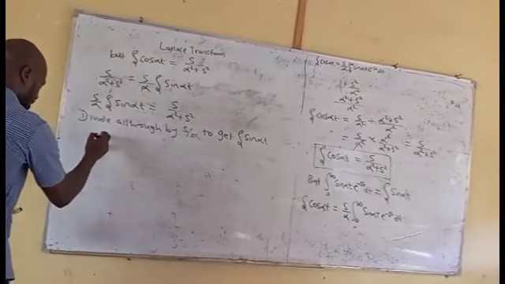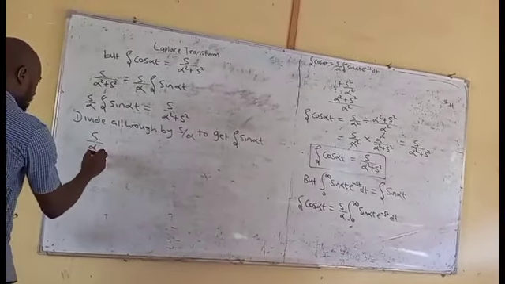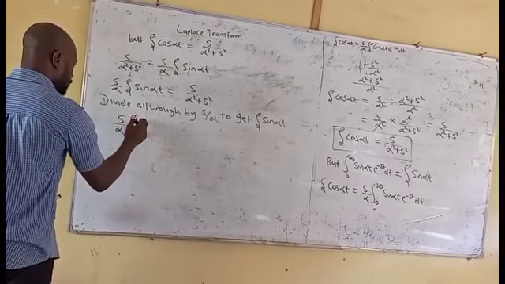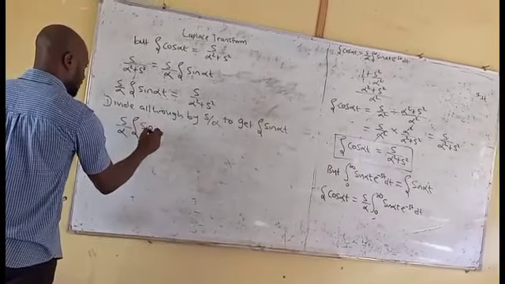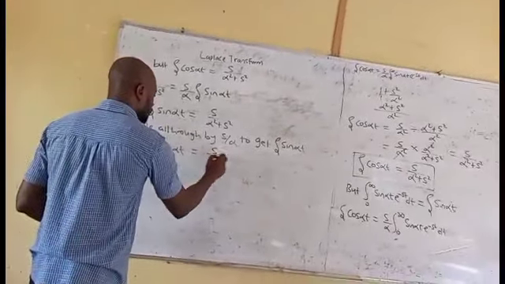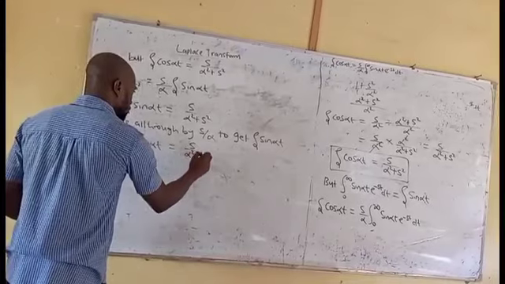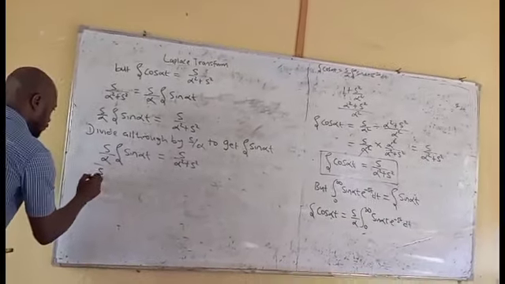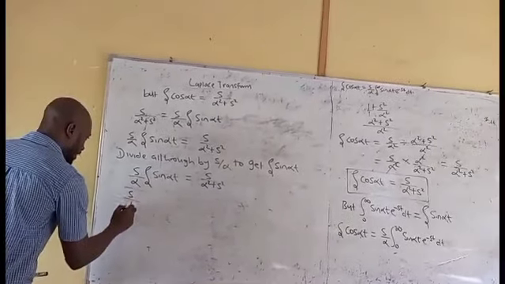So we do that, we now have s over alpha, then multiply by the Laplace transformation of sine alpha t. So it will give you s over alpha squared plus s squared. So divide both sides by s over alpha.